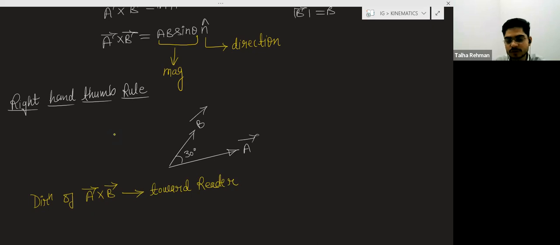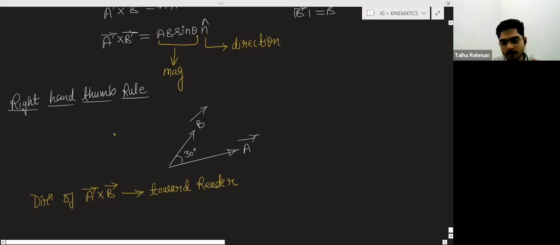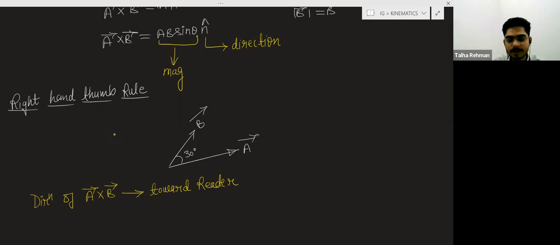This is perpendicular to the screen of your laptop, so we say it is the outward direction.